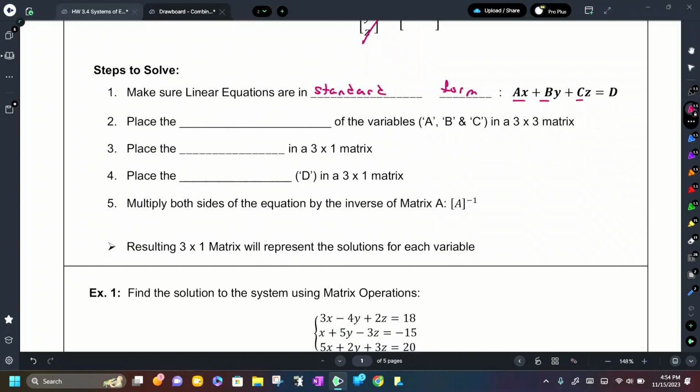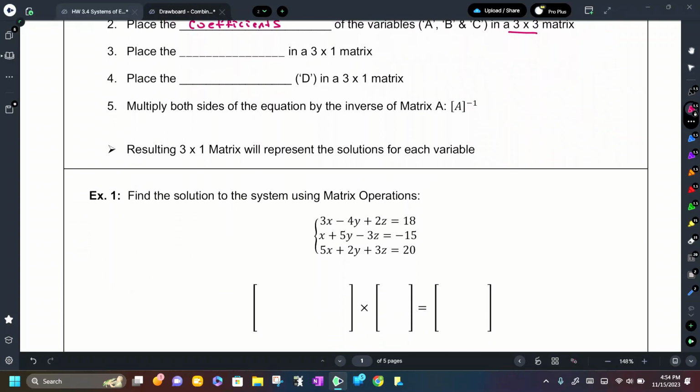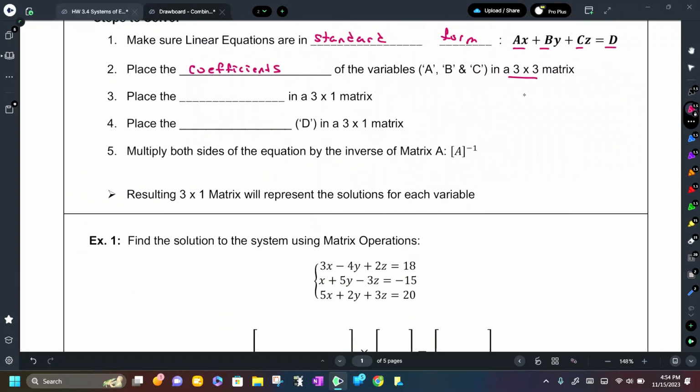A, B, C, and D are just numbers, and A, B, and C are coefficients of the variables. We're going to take those coefficients and put them into a 3 by 3 matrix. When we talk about a matrix, this is the dimension of the matrix, and sometimes you'll see it referred to as DIM.